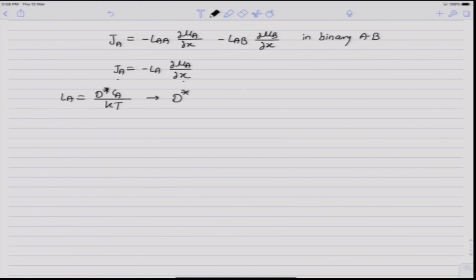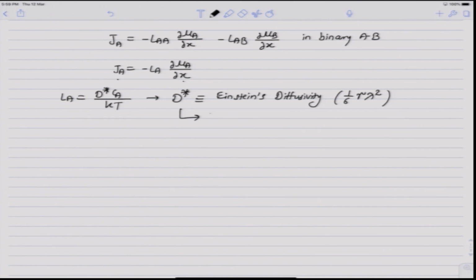Here d star is the Einstein's diffusivity, which was given by 1/6 gamma lambda square.